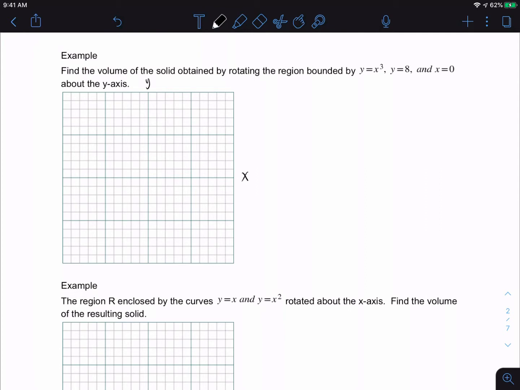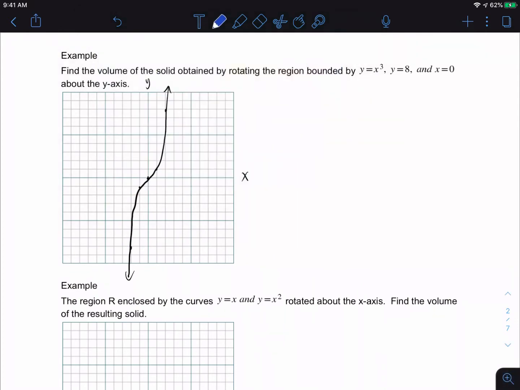I'll graph the cubic. So (0, 0), (1, 1), (2, 8). And this curve is going to look something like this. Right? That's the cubic. Then it says y is equal to 8.